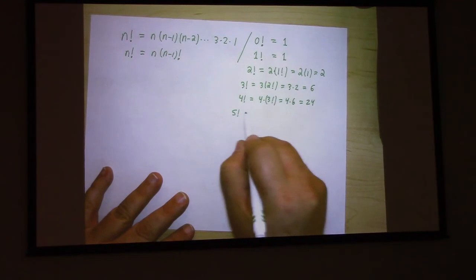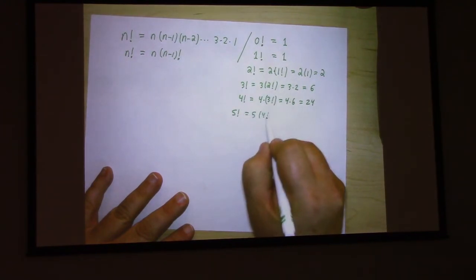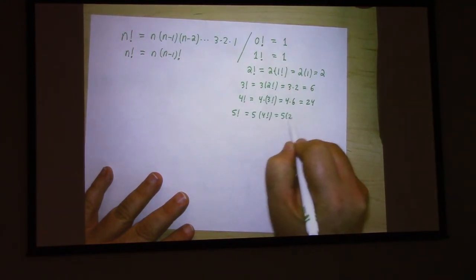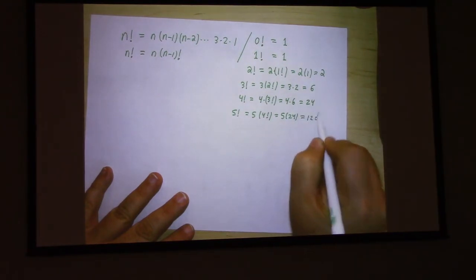5 factorial is 5 times 4 factorial. Incidentally, is 5 times 24, 120.